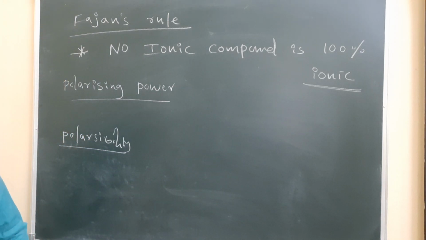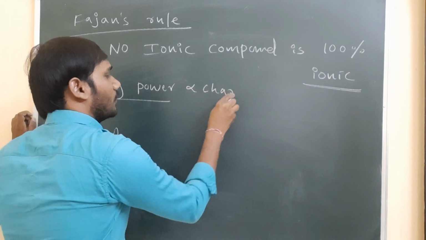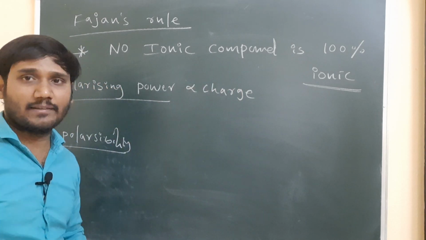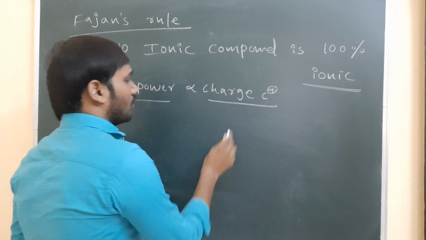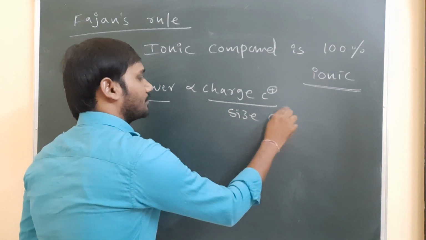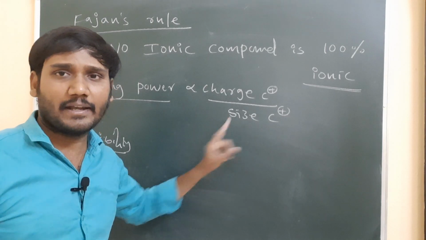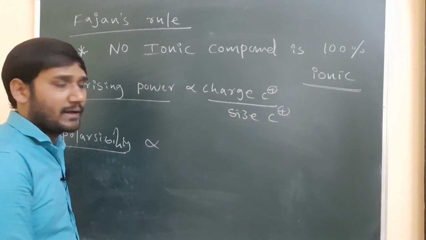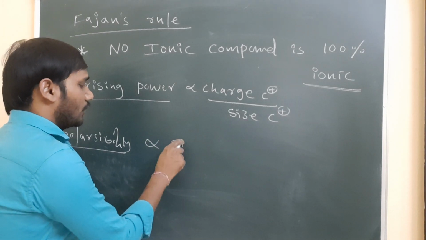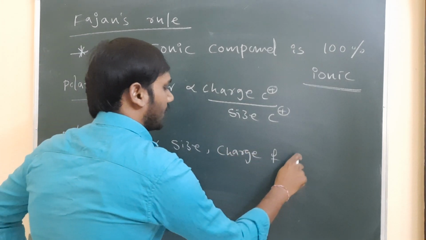So let us see polarizing power and polarizability. Polarizing power is directly proportional to the charge of the cation and inversely proportional to the size of the cation. Polarizability is related to the anion, and is directly proportional to the size and charge of the anion.